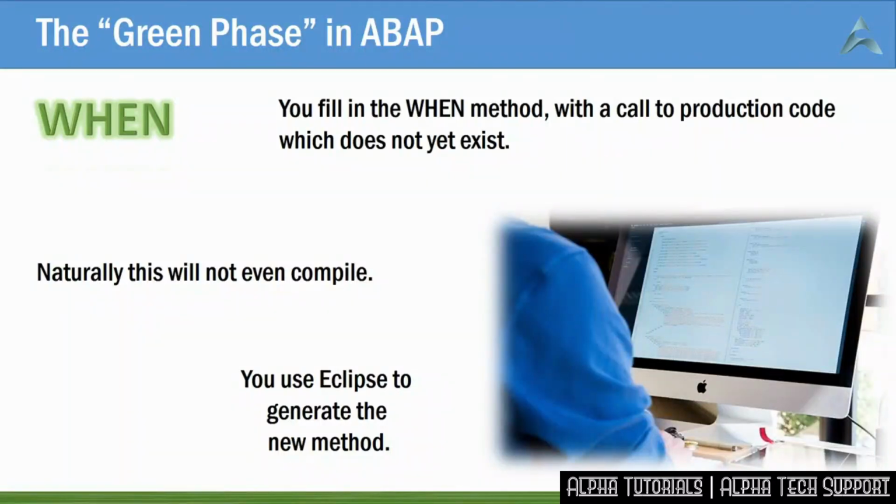You have now reached the green phase. The given and then methods are complete, so now you turn to coding the when method. The when method is generally filled with only one line of code, and that line is a call to the method being tested.